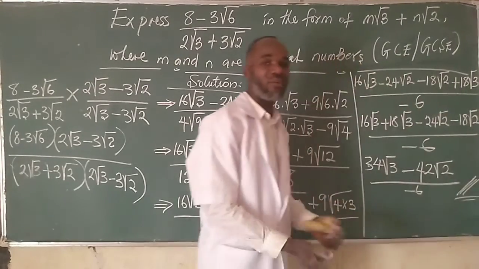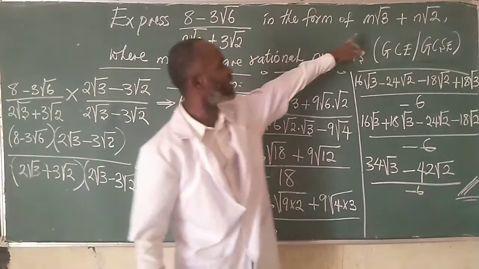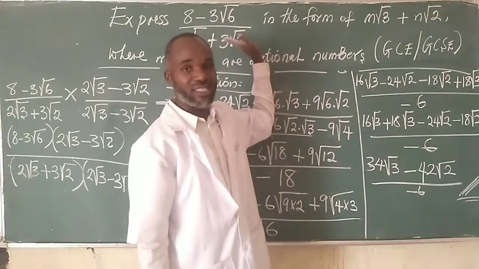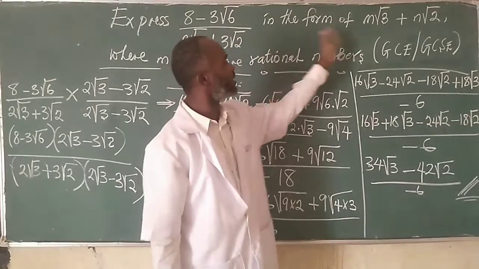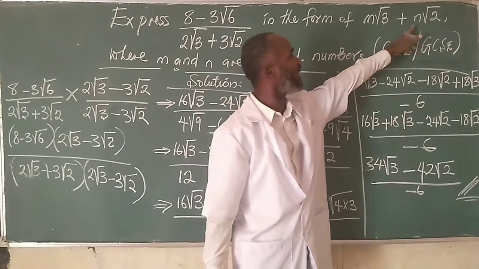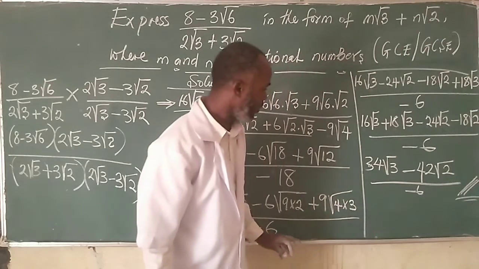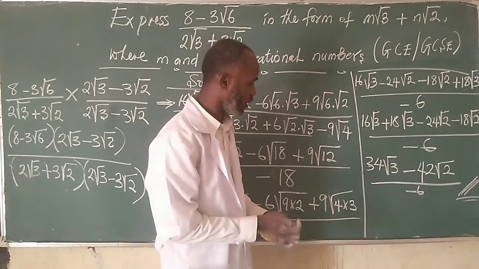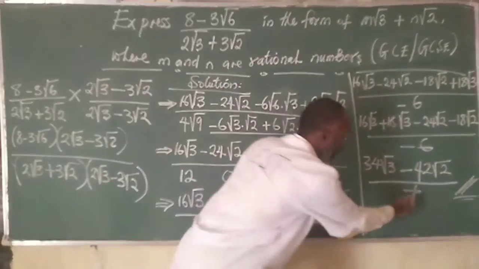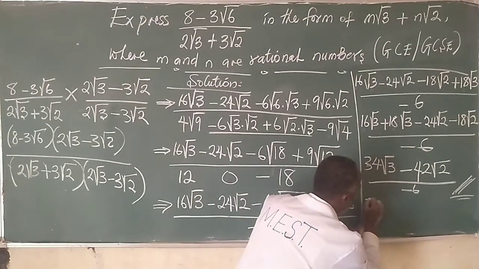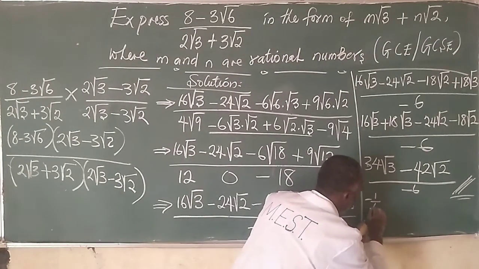Of course, this is somehow similar to what they want us to find. They say we should evaluate this and express this in this form, m square root 3 plus n square root 2. So we are coming to that. So what do we do? Very simple. We bring out this, it becomes minus 1 all over 6, okay?